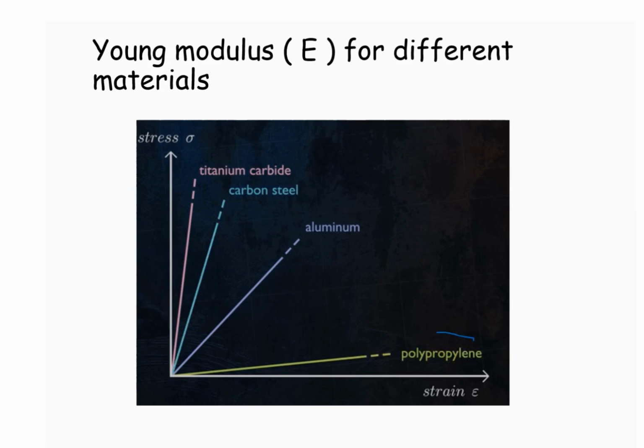As you can see here, polymers have a very low value of Young modulus compared to ceramics and metals, because polymers are held together by primary bonding, the covalent bond, and secondary bonding, that is van der Waals and also hydrogen bonding. On the other hand, metals such as aluminum are held together by metallic bonding, and ceramics are held together by covalent bonding and also ionic bonding.